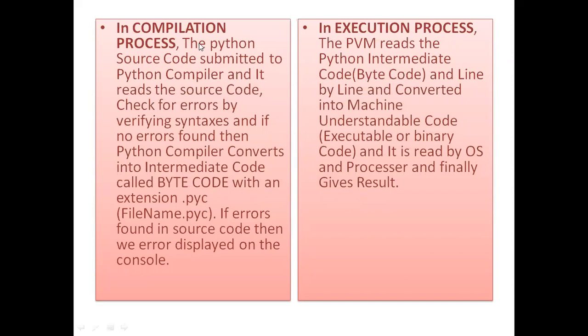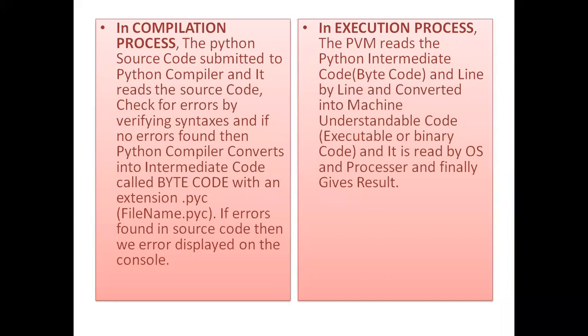In the compilation process, the Python source code is submitted to the Python compiler, and it reads the source code and checks for errors by verifying syntaxes. Yesterday, I told you what syntaxes are: they are nothing but the way we proceed with the code.